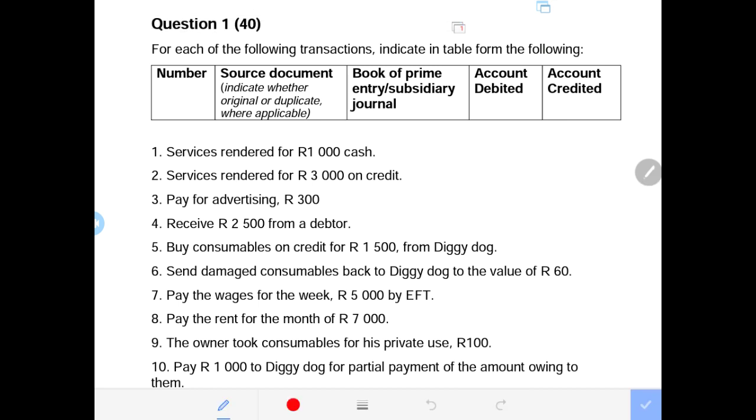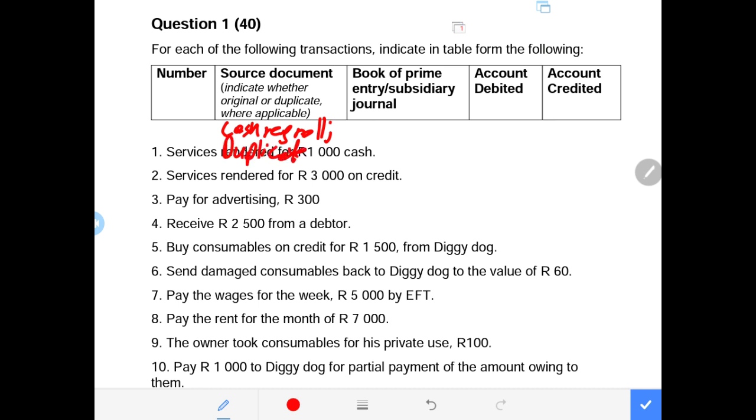Then, because cash was involved, there is likely to be a cash register roll, because we are selling to a customer. The cash register roll will be one of the source documents, or a duplicate receipt, because we need to produce a receipt to a customer.